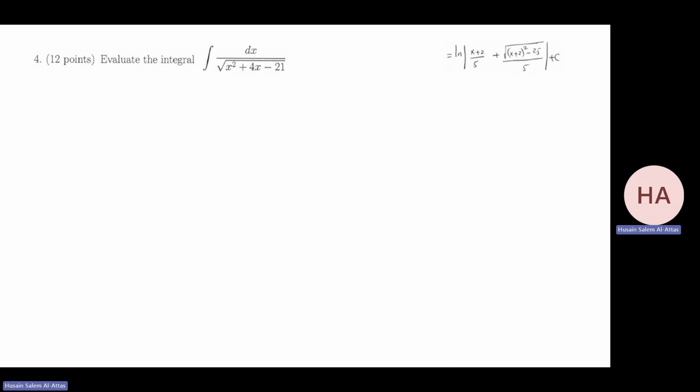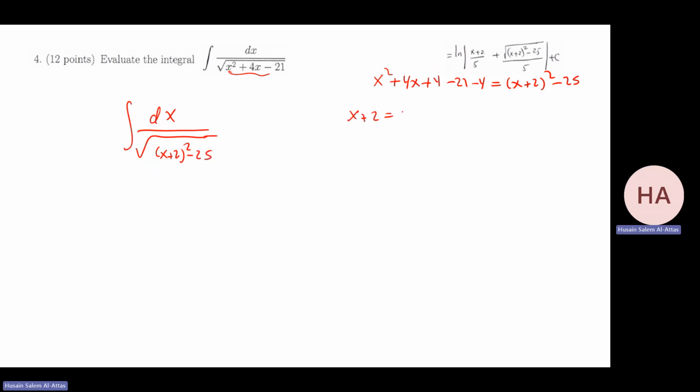Okay. I need to complete the square. That will be what? x squared plus 4x plus 4 minus 21 minus 4. So it will be x plus 2 squared minus 25. So now I have this question, x plus 2 squared minus 25.